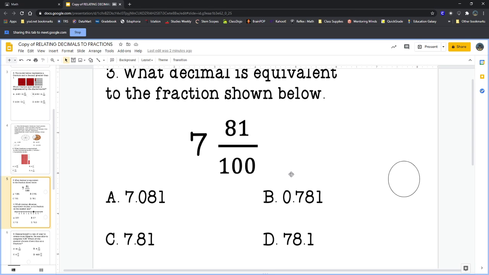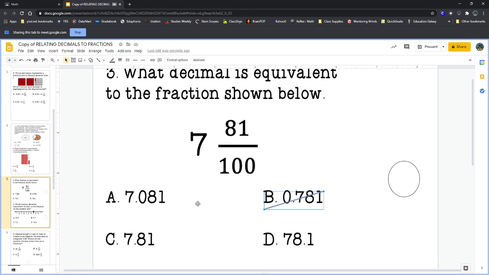What was the question again? What answer choices do not have a 7 in front of the decimal? B. Okay, is B the only one that doesn't have a 7 in front of the decimal? Yes.